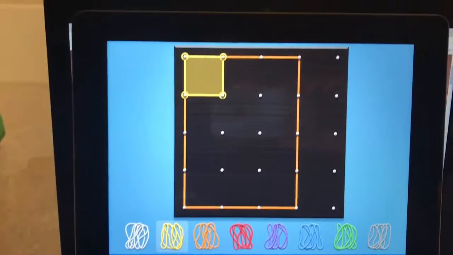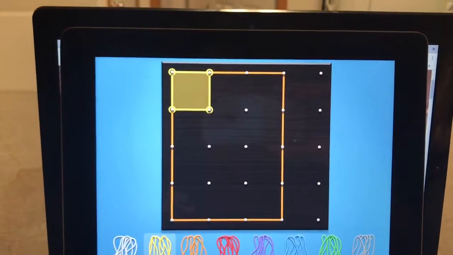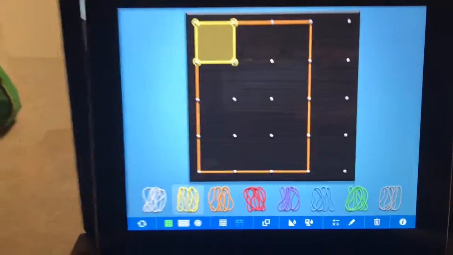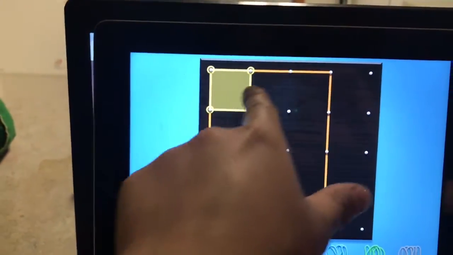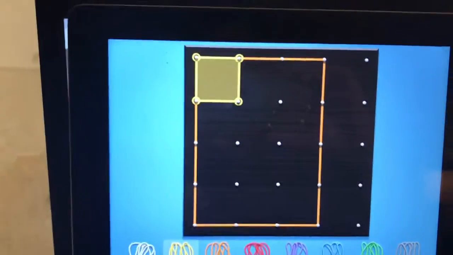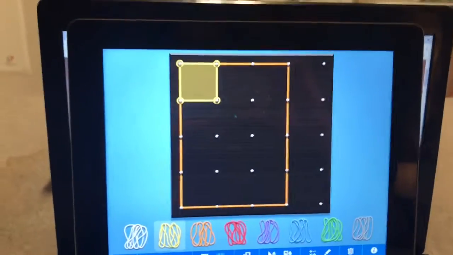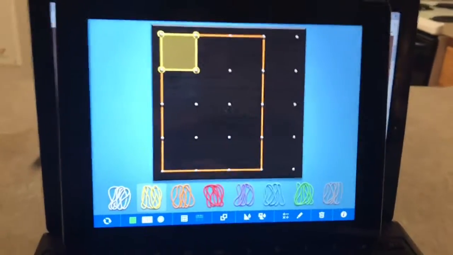And then you could ask students like how many square inches are in there, how did you find that, is there any simpler way, or is there a shortcut we can use? And then maybe they would multiply these squares by the horizontal squares by the vertical squares. So you could really introduce the concept of area with your students by doing this, and even perimeter.